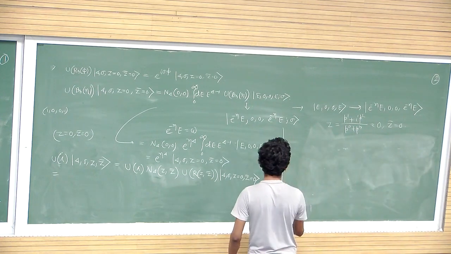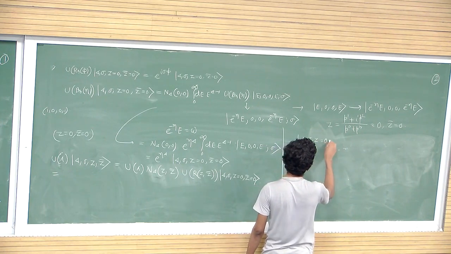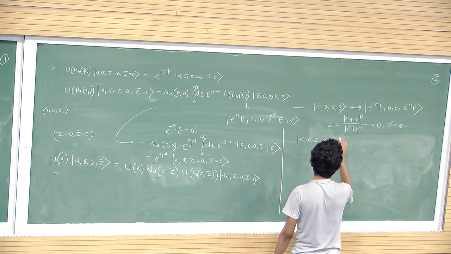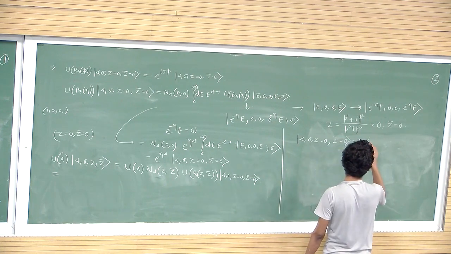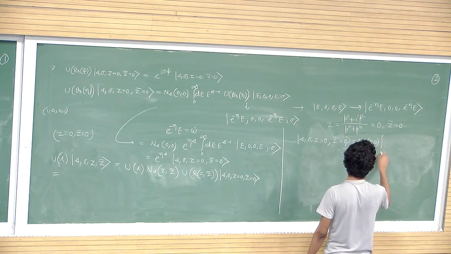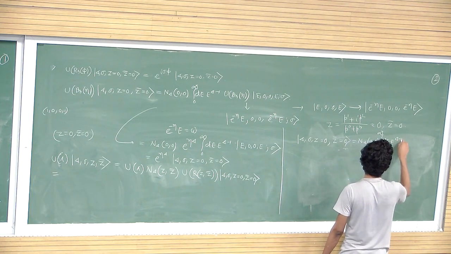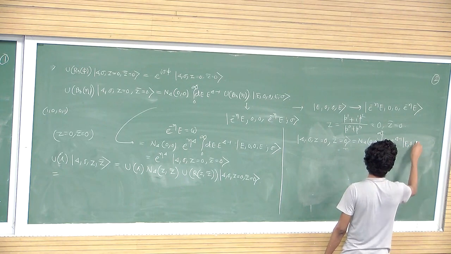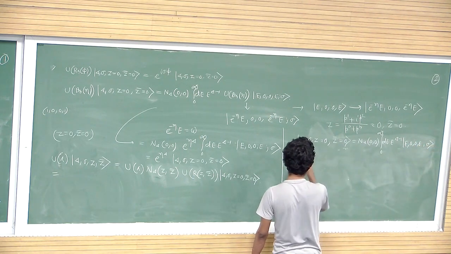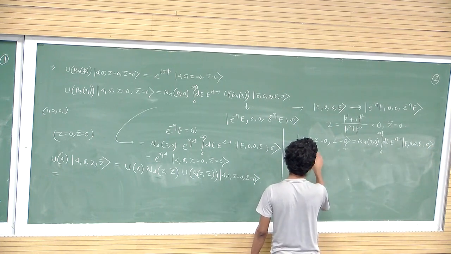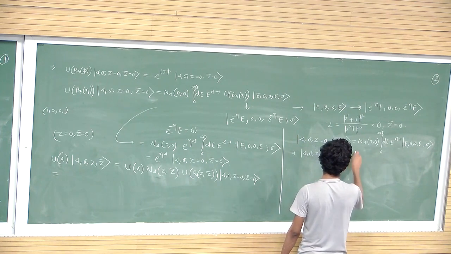So delta sigma z equals 0, z bar equals 0 is N delta 0 comma 0. And this delta sigma z comma z bar is just a rotation U R.